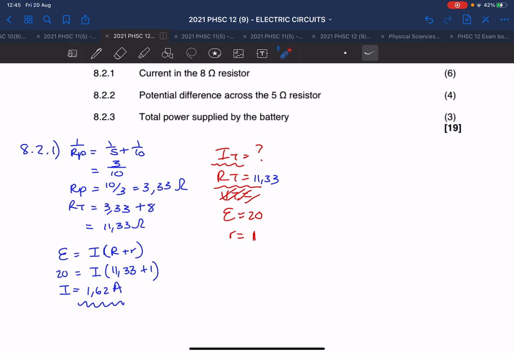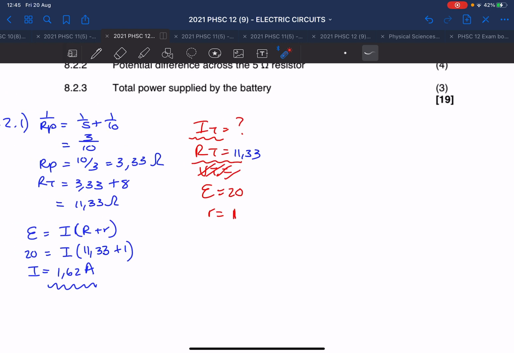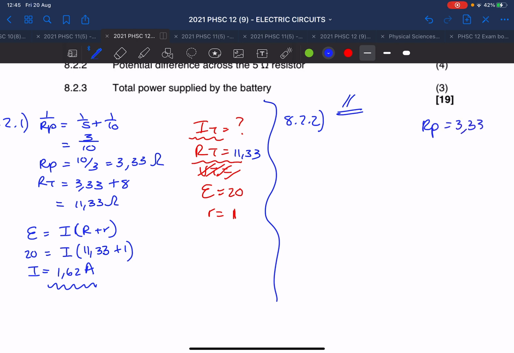Okay, so I'm going to choose the second option, but you can also do the first option. It doesn't matter. So, 8.2.2. In the parallel circuit that I'm going to look at, I know R parallel I've calculated to be 3.33. I know the current that will split up, but the current together there will be 1.62.